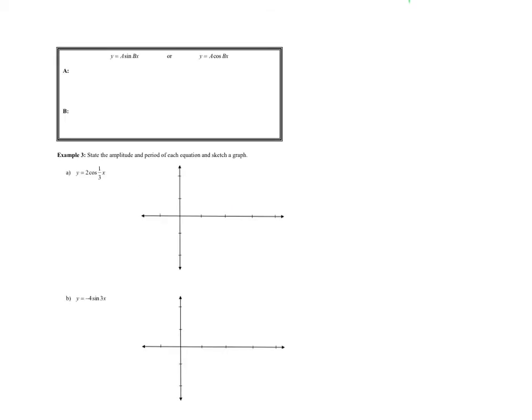So let's sum up what we just learned. If we have a sine function, we know that that starts at 0, or somewhere on what we call a midline. If we have a cosine function, that's going to start at a max or a min.